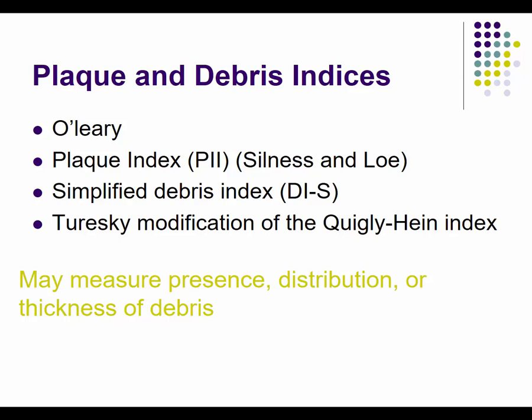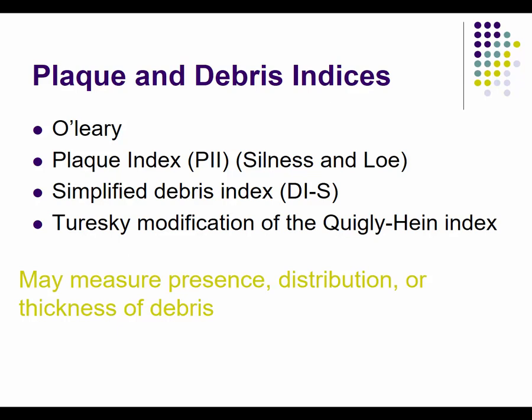Cool. All right, so there's a lot of different plaque indices. We hygienists love our plaque, and dental researchers do as well. So here are your examples. The O'Leary is one, and the regular plaque index by Silness and Löe. I think this is the most common one because it's pretty simple to use.